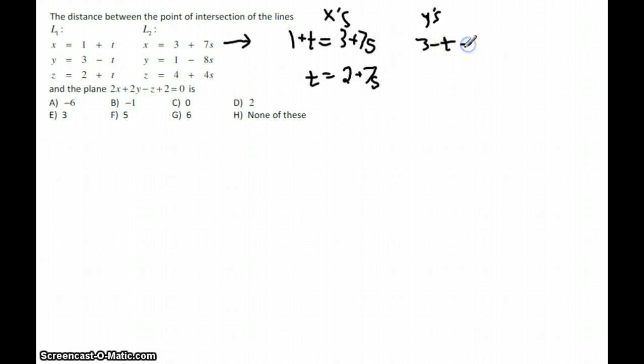So we say 3 minus t is 1 minus 8s, and we have that t is 2 plus 7s. So 3 minus (2 plus 7s) is equal to 1 minus 8s.